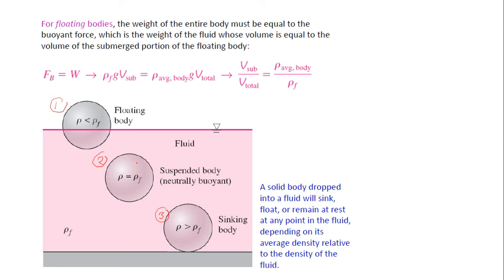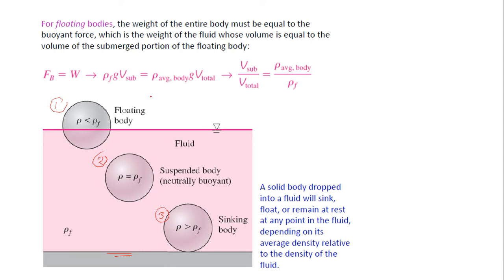So it's neutrally buoyant, totally immersed in the fluid. And the last one, if the rho of your object is bigger than the rho of the fluid, that means your object is very heavy, and it will sink to the floor of the tank or reservoir or whatever. Okay, so these are three different scenarios.